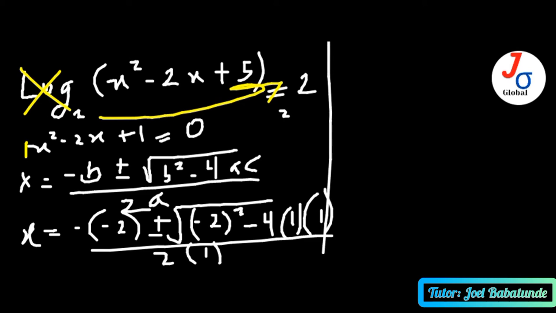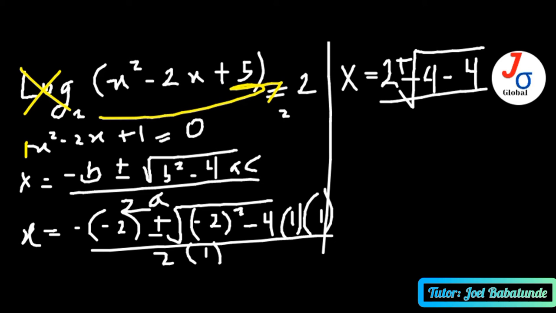So minus times minus becomes plus, that's 2, then plus or minus the square root of minus 2 squared is 4, then minus 4 times 1 times 1 is 4, divided by 2 times 1 is 2.